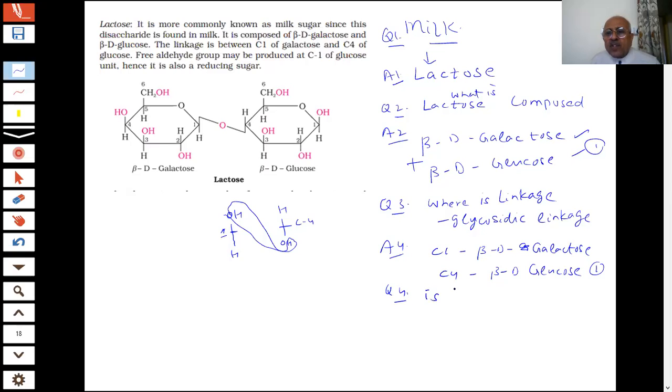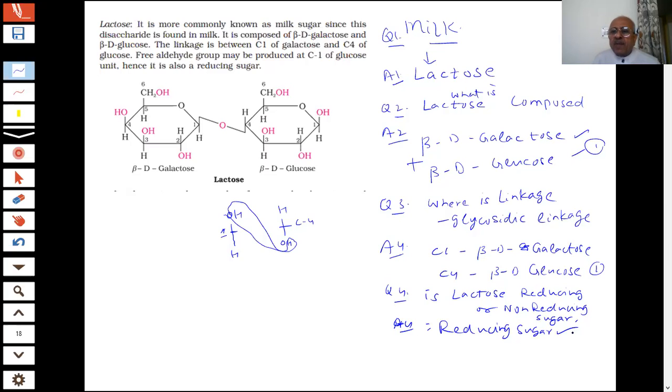So, a further question, the final question in this. Is lactose a reducing sugar or a non-reducing sugar? This is a very favorite question in the paper. Reducing or non-reducing sugar? Lactose is reducing. That is the correct answer. What is the reason for this?